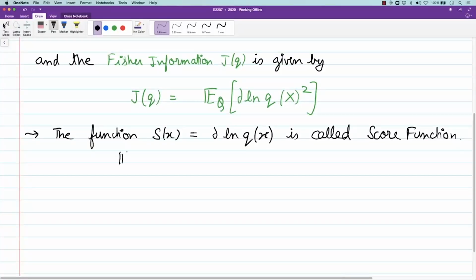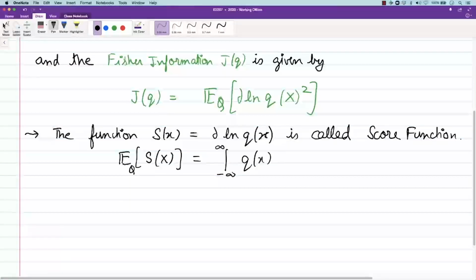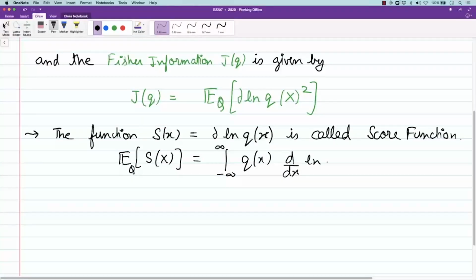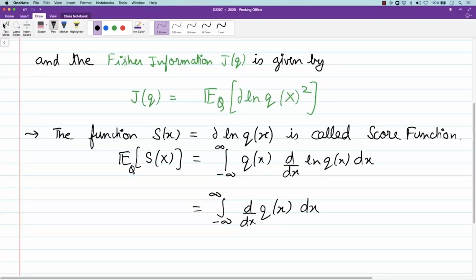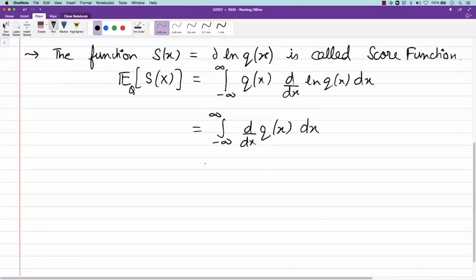One thing about the score function, which I mentioned in the last lecture also, is that the expected value under Q of this score function is equal to the integral from minus infinity to infinity of q(x) d by dx log q(x) dx, which is the integral of q prime(x) dx. Because the derivative of log is 1 by q(x), that cancels and this remains.